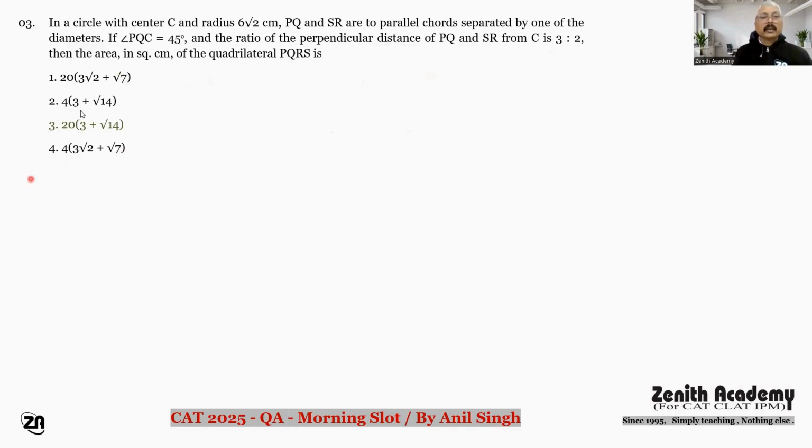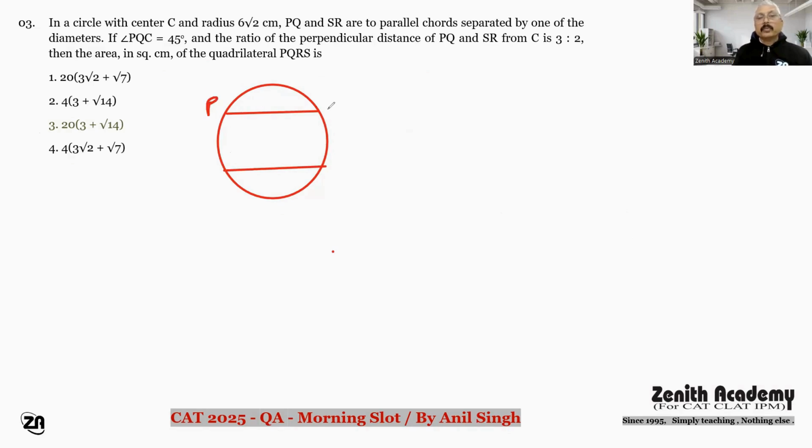Okay, so here in a circle, suppose I am taking this circle with center C, the radius. PQ and SR are two parallel chords, separated by one of the diameters. It means these two chords PQ and SR are on either side of the diameter.